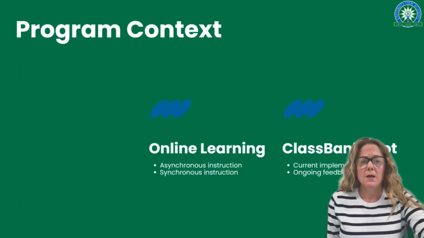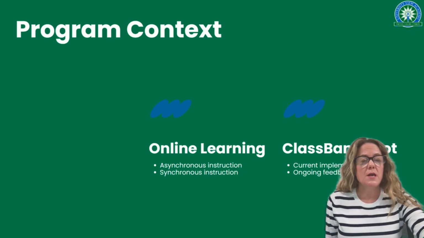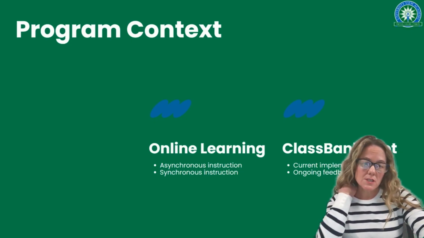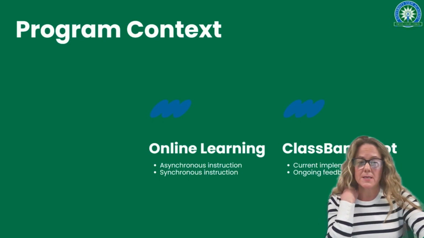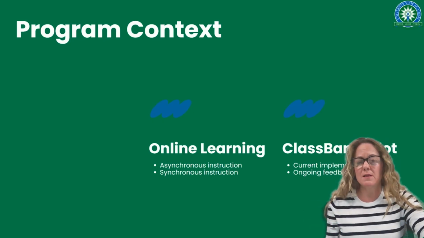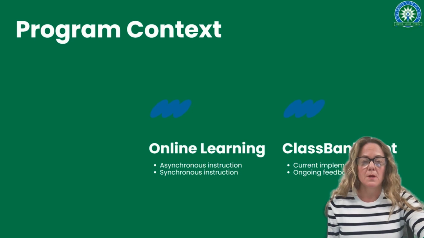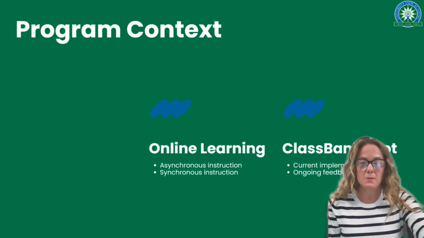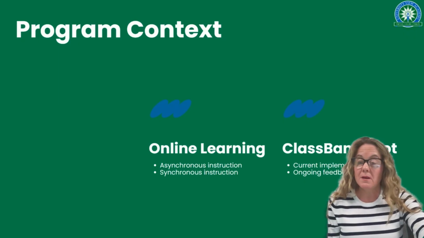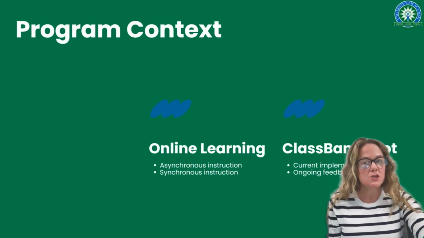University View is a fully online learning environment, so instruction happens both asynchronously and synchronously. The students are enrolled and counted present, but engagement can look very different from student to student. ClassBank is currently being piloted in my classroom as a tool to help support engagement, collaboration, peer feedback, and participation in an online setting.